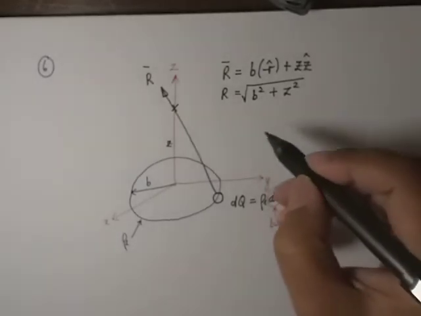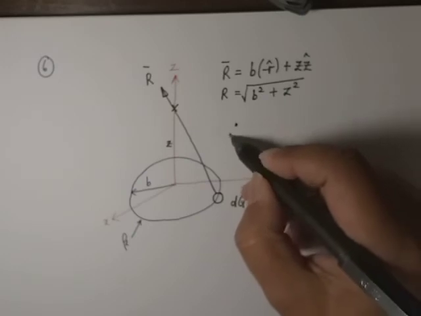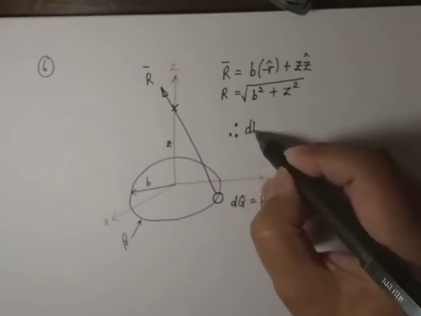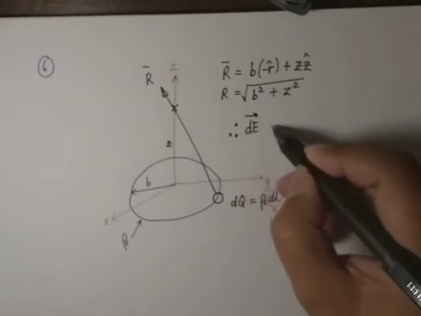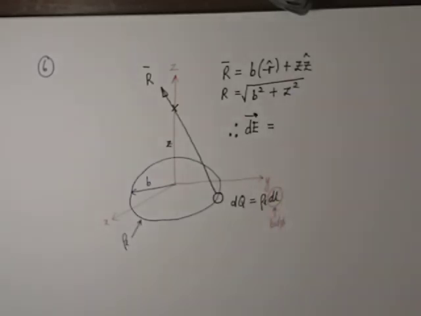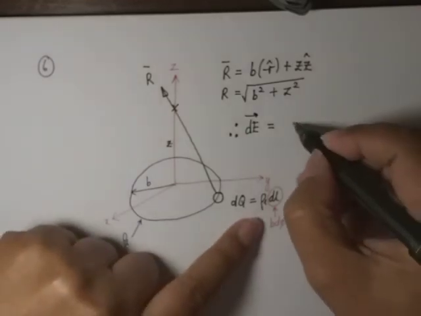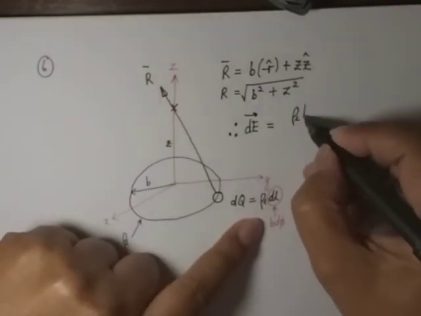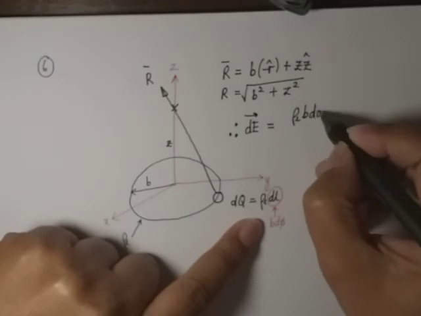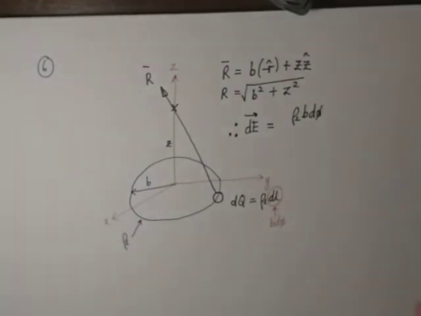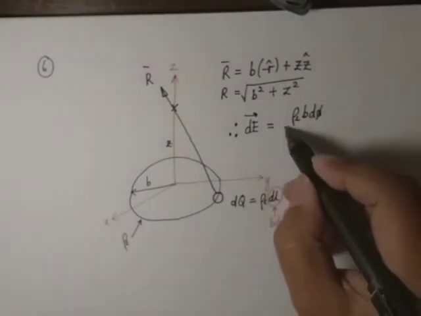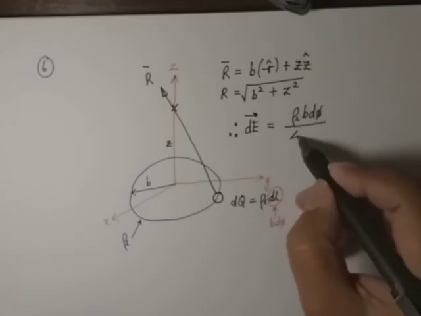So my dE now. Okay, so the dE should be equal to, based on our Coulomb's law equations, dq. So dq should be rho L b d phi. Okay, that should be our dq. I'm going to divide everything by 4 pi epsilon naught.